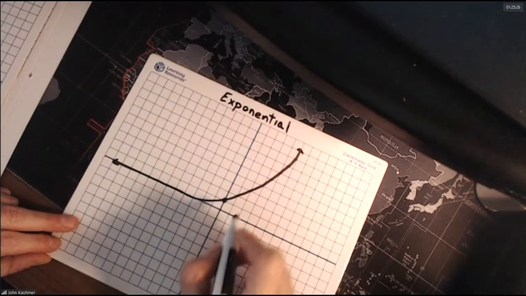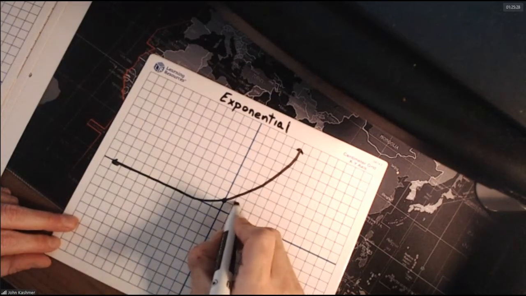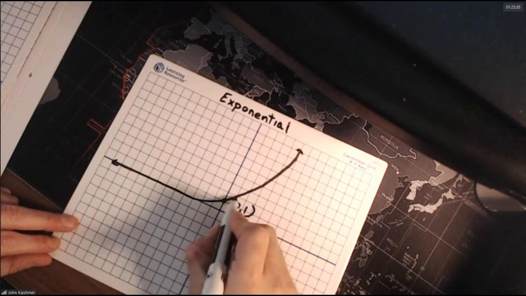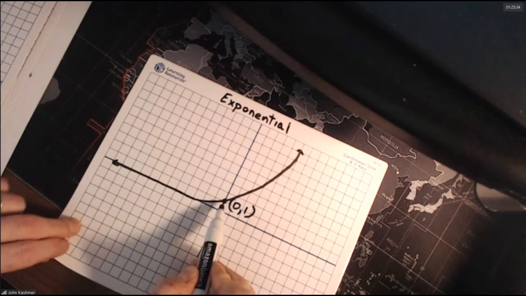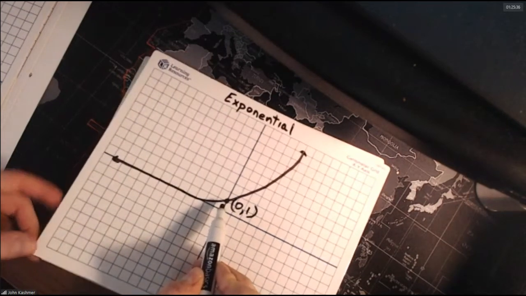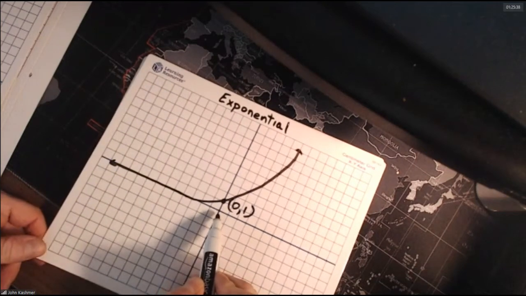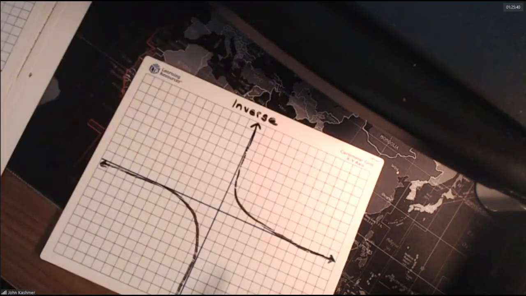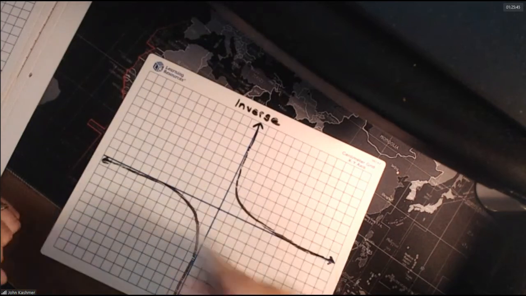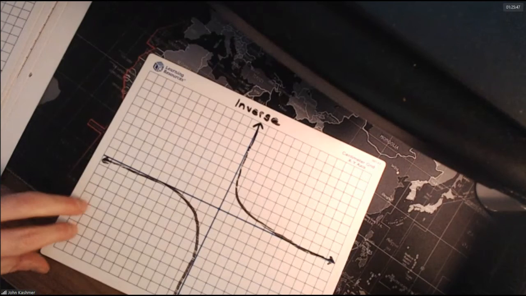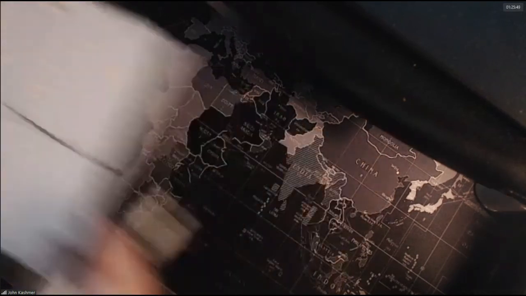And the anchor point in this case is (0, 1). That's very important. You have to remember the exponential function graph does not go through (0, 0) like the rest do. And finally, the inverse, and this one's very difficult because it doesn't have any real anchor point, but you probably won't see that right now.